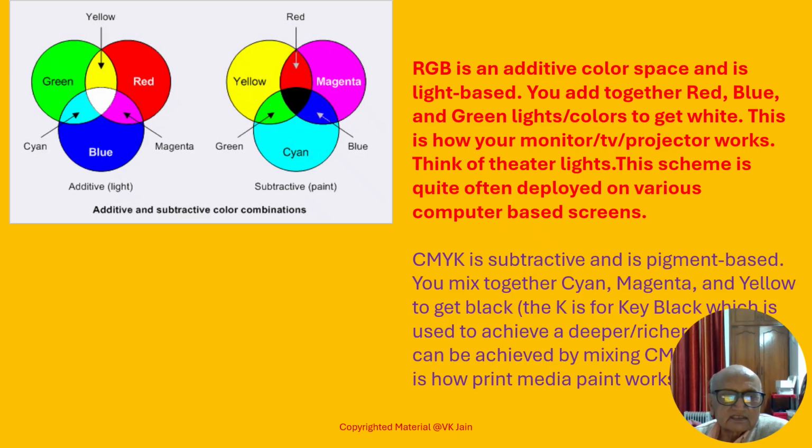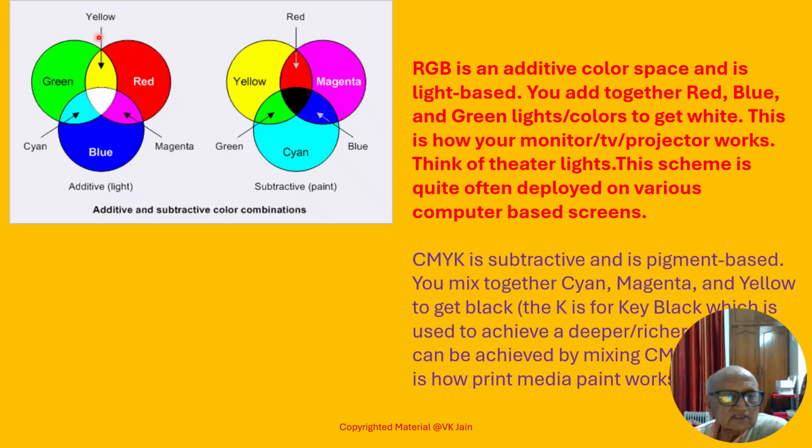Previously in architectural engineering, the basic colors were taken as RYB: red, yellow and blue. But for computer screens, we use additive color combinations, and for printing purposes, we use subtractive color choices.